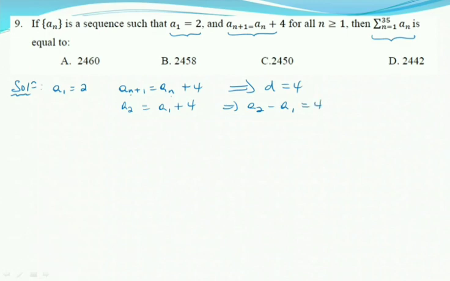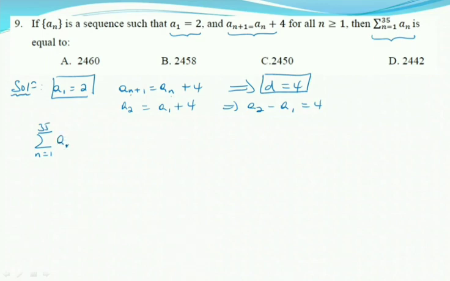Similarly, you can check that the difference between the third and the fourth is 4. So the common difference is 4. The common difference is 4. We have the first term. Therefore, it's very easy to calculate the sum of the first 35 terms.